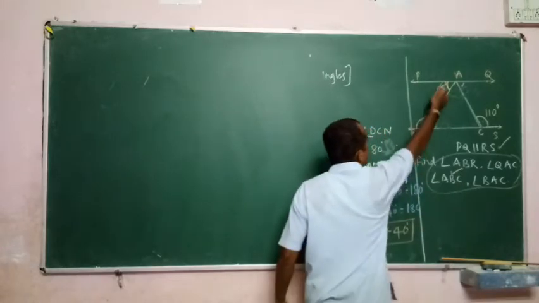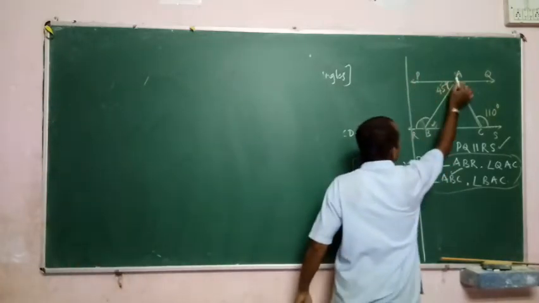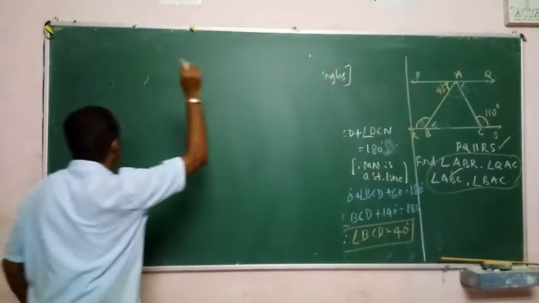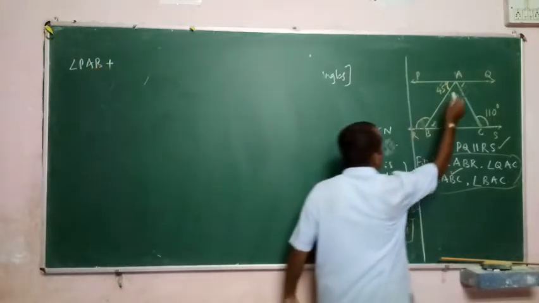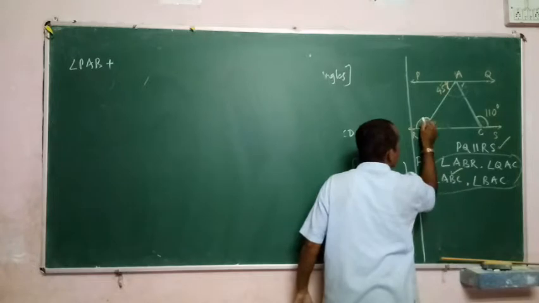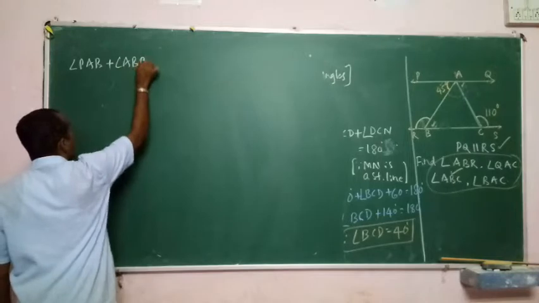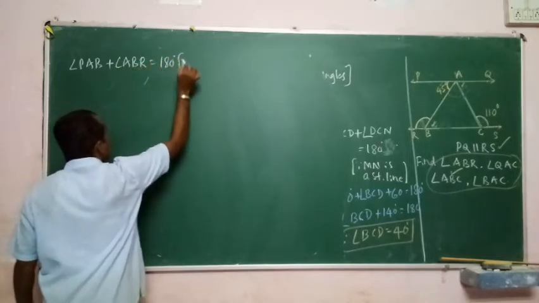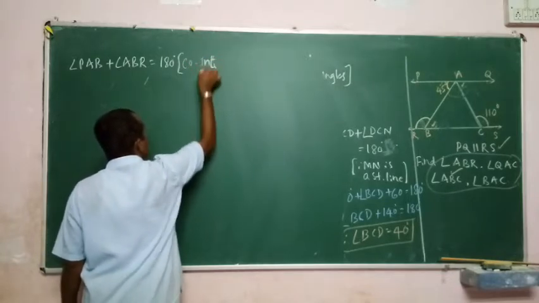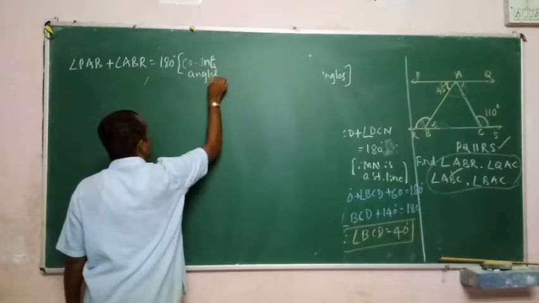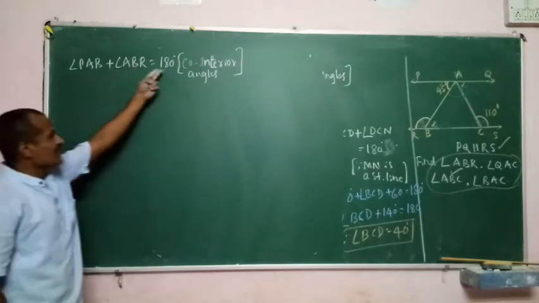Okay, I will start with this one. Angle PAB plus angle ABR is equal to 180. This is because of co-interior angles, their sum is 180.